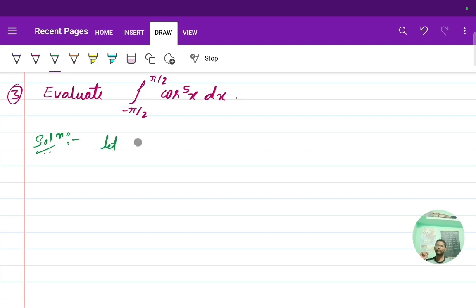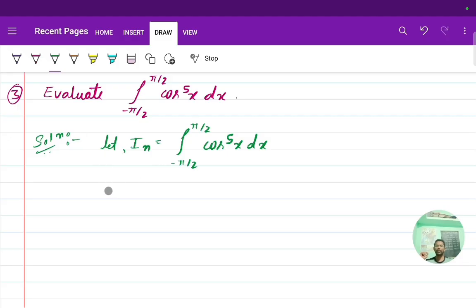Let In be equal to integration over minus pi by 2 to pi by 2 cos power 5x dx.